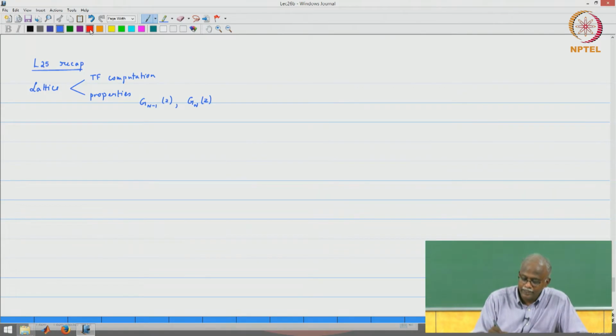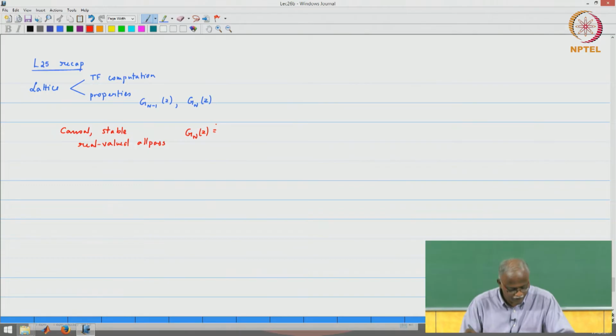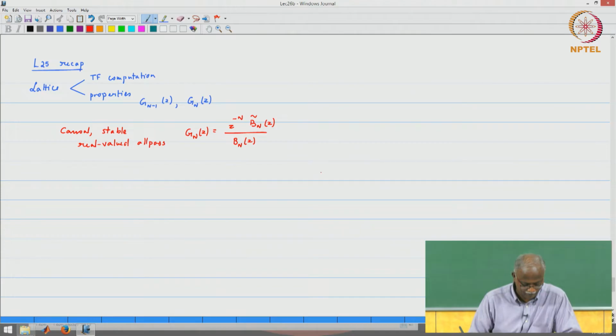In our case, the lattice structure did the following. If I had a causal, stable, real valued all-pass transfer function (you do not have to specify real valued, but most of the time that is what we are interested in), then we said that G_n(z) can be written using the paraconjugation property, with a denominator polynomial B_n(z), z^{-n}, and the paraconjugate B_n tilde(z).